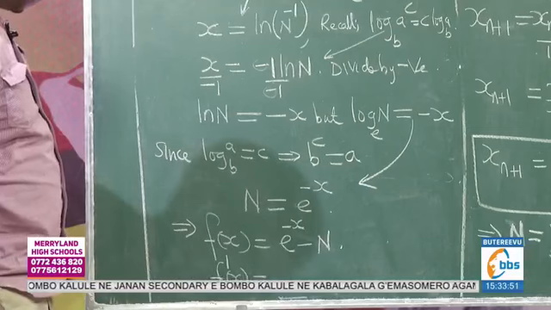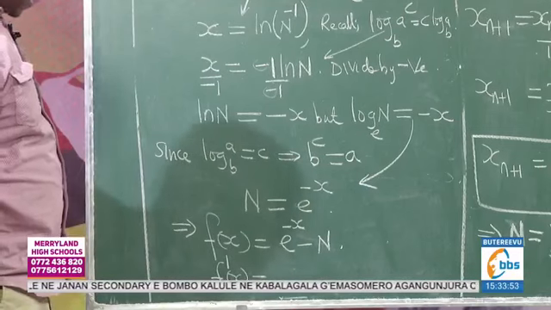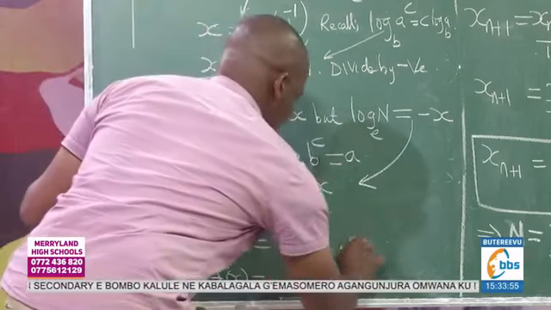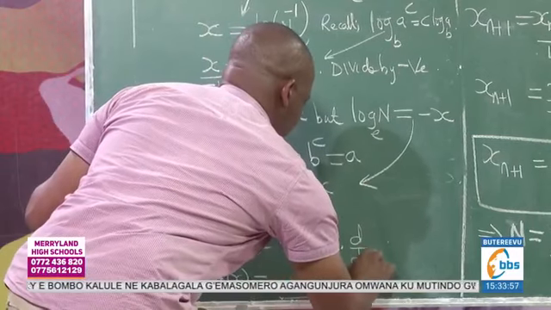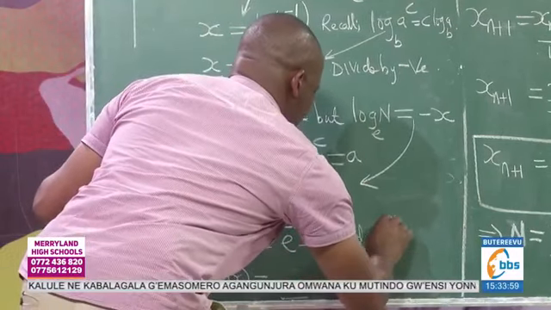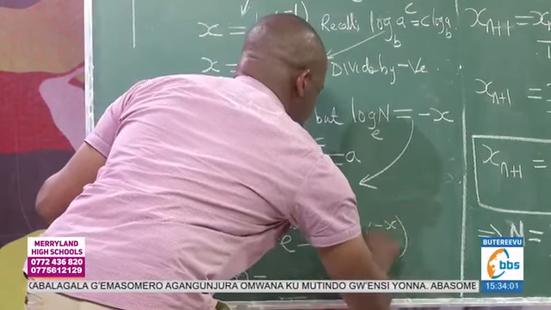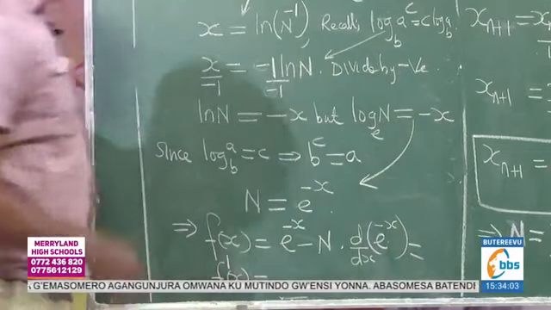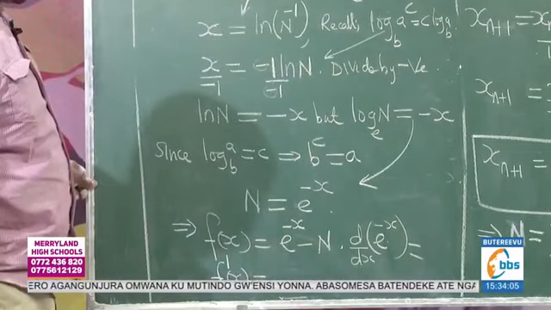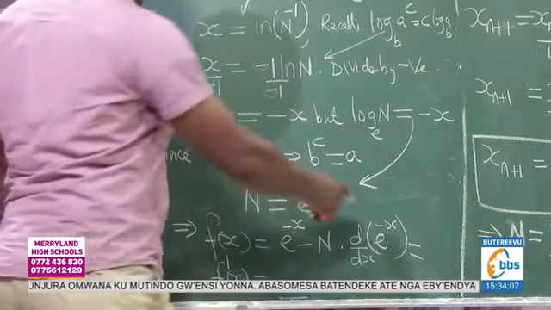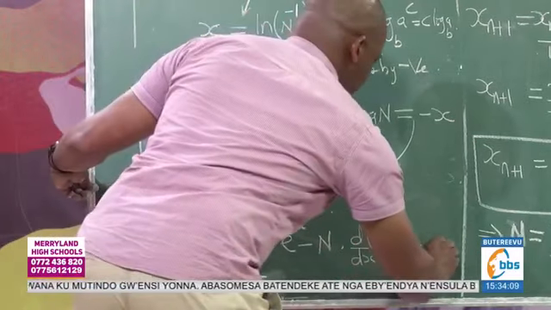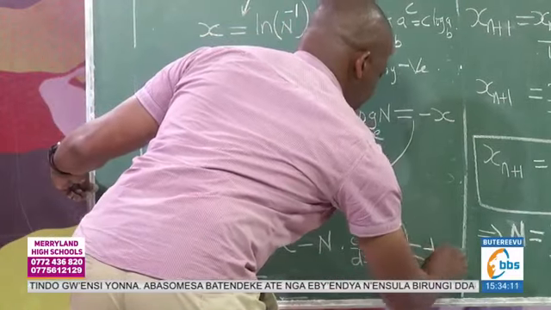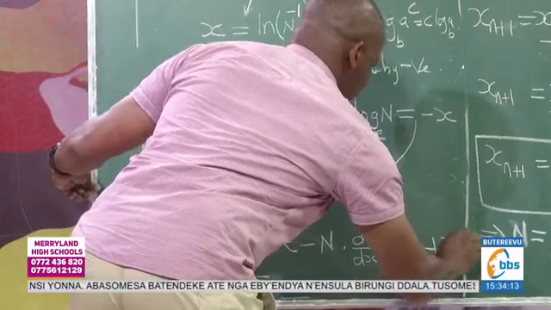Earlier, in one of our lessons, I differentiated this. So here I will simply quote, I think you can remember, that if we differentiate e to the positive x, it stays e to the positive x. But since there is a negative, we differentiate the power, which will give us negative 1 times e to the negative x.